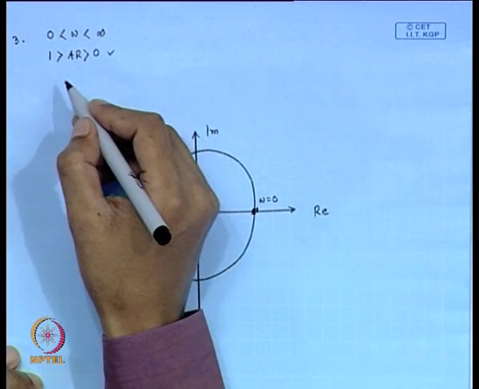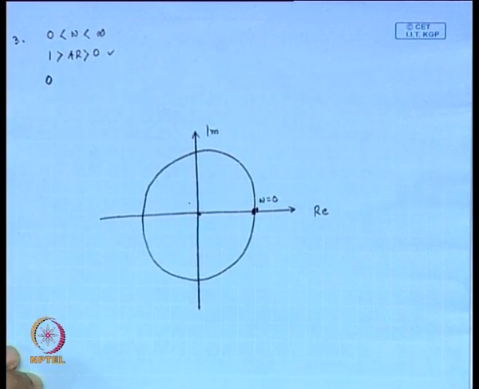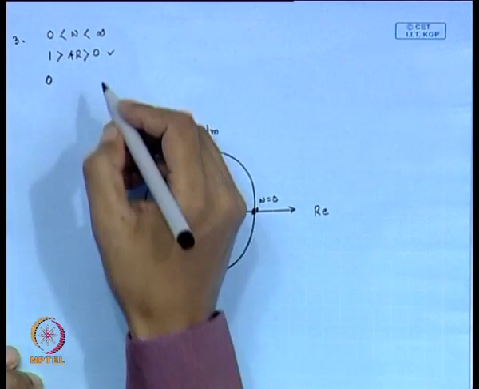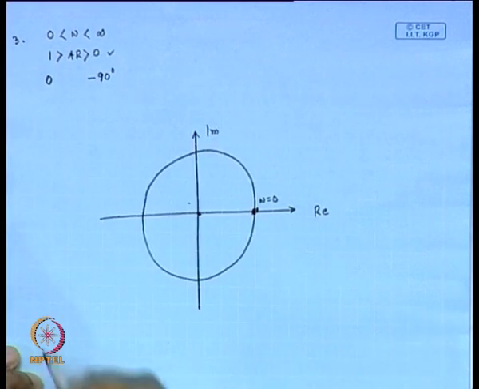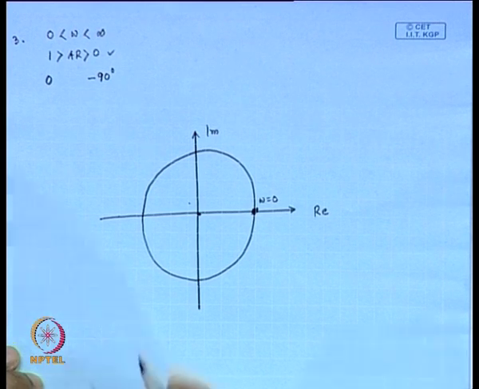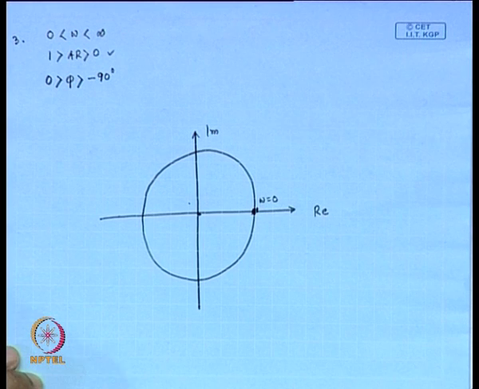Similarly, we can write for phi. When omega is 0, phi is 0. When omega is infinity, phi is minus 90 degree. So, we can write 0 greater than phi greater than minus 90.